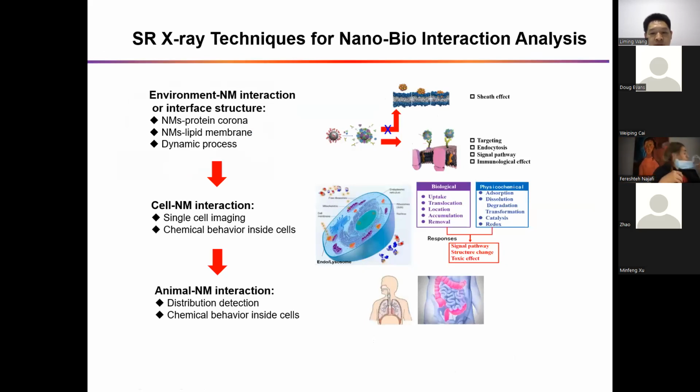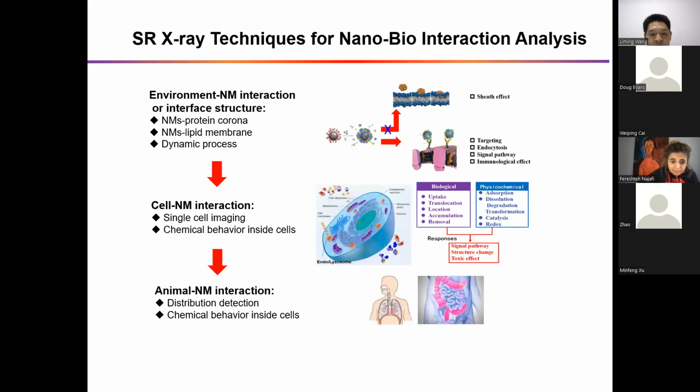So we make a summary of these techniques for the nano-bio interface. Here we want to highlight the interaction and interface at three levels. One is the nano and microenvironment interface, such as nanomaterial interaction with protein and lipid. That is the very direct interface.